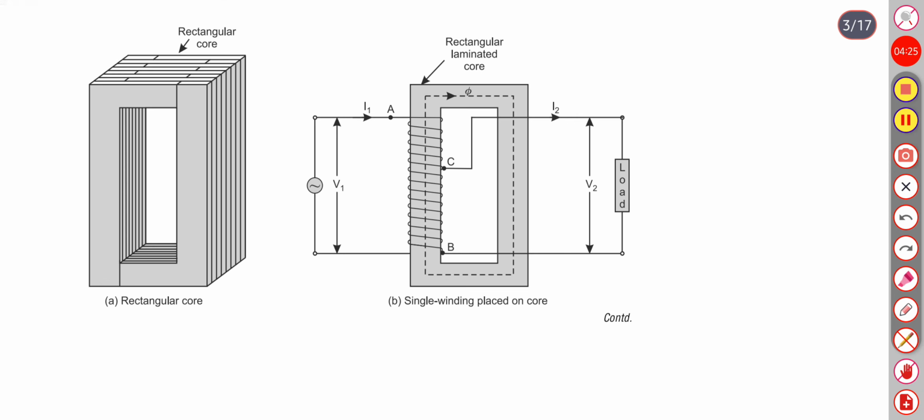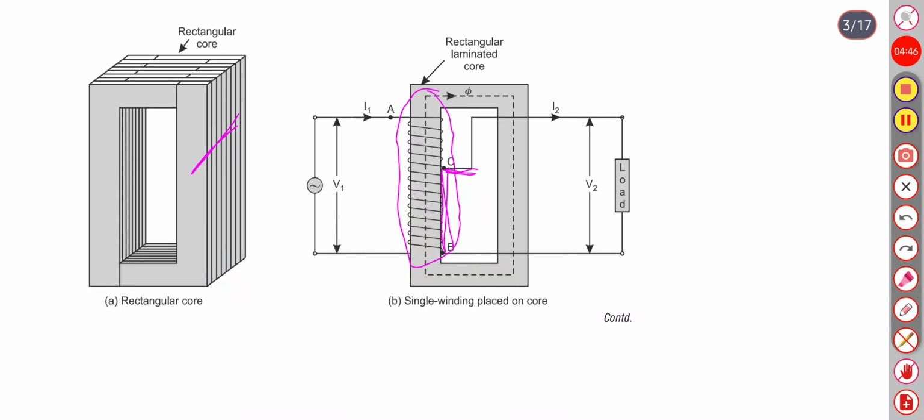So in this figure, these are the rectangular cores, and winding is placed on one of the cores. You can say that is the complete primary winding, and the secondary winding is from this to this.